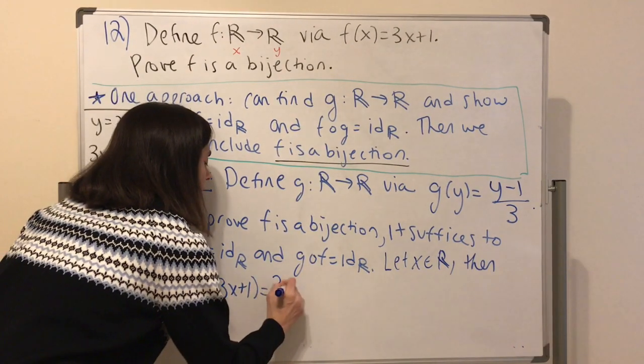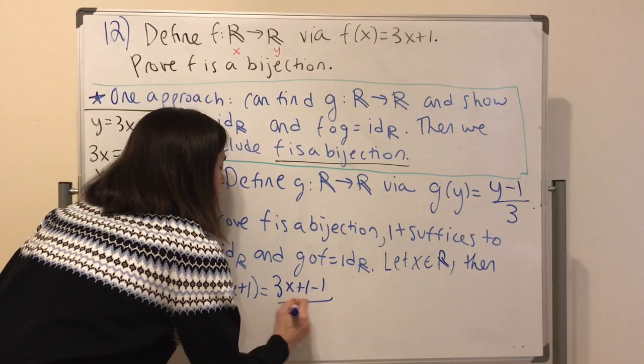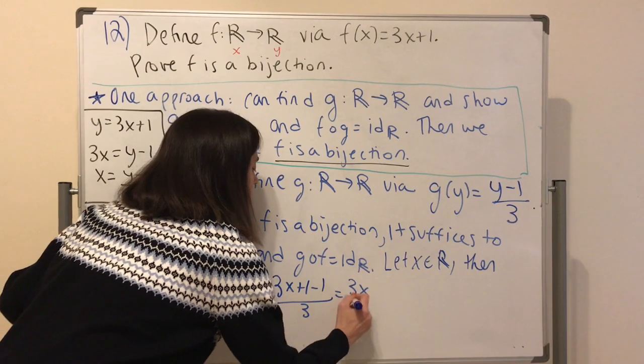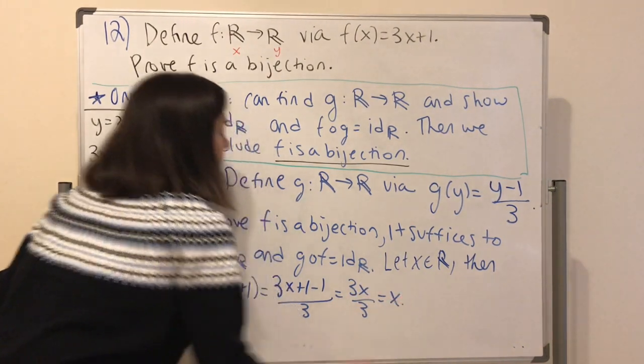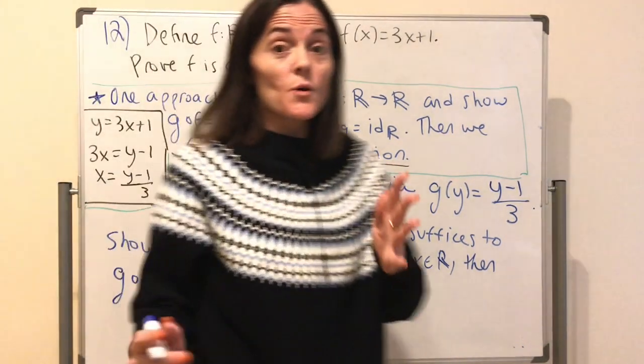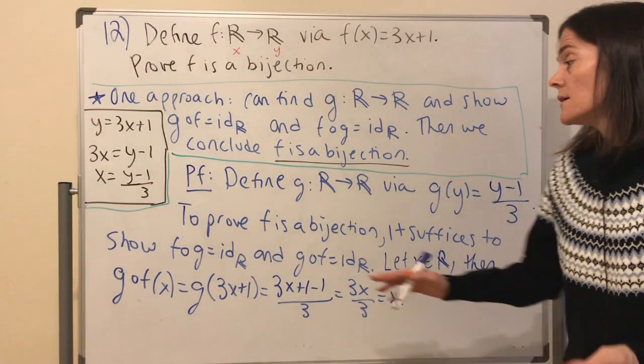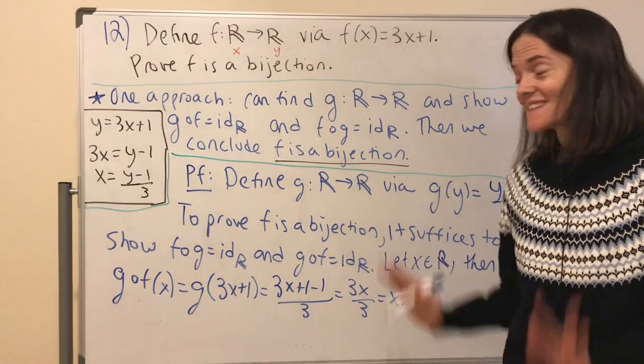So I have 3x plus 1 minus 1 over 3, 3x over 3, which is x. And now I have shown that G compose F is the identity.